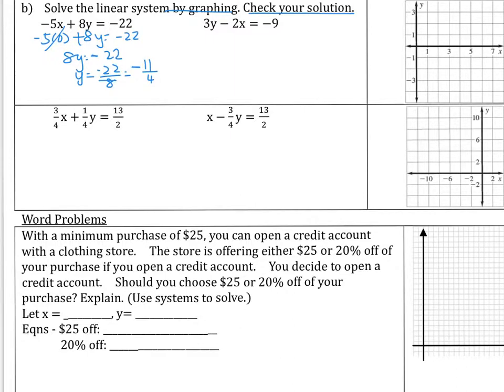Negative 11 over 4. So this will be my y-intercept. And then when y equals 0, for the first equation, x was simply equal to positive 22 over 5. So your x-intercept will be (22 over 5, 0).